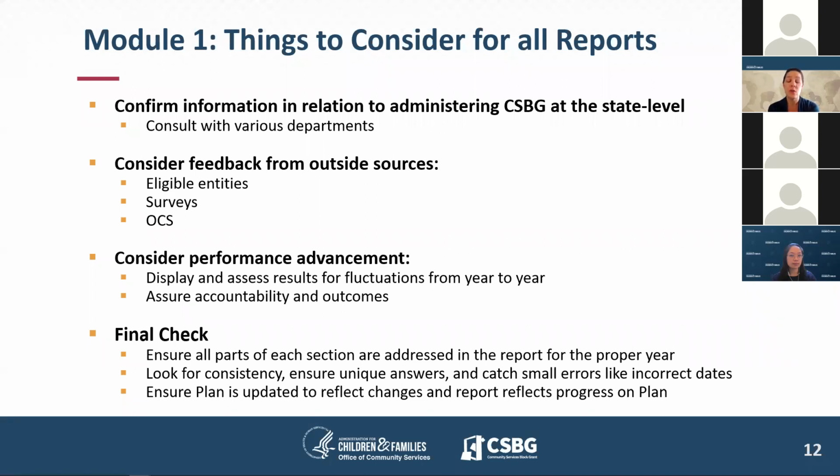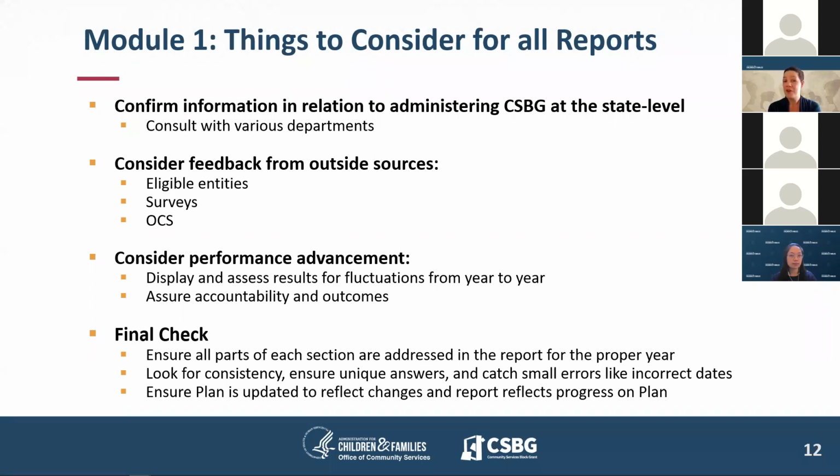You also want to look at some of the things that you reported out the previous year to see if you have improved upon those or if those have been furthered in your progress. We look at those fluctuations from year to year, and so we recommend that you read your previous year report before you sit down to do your fiscal year 21.